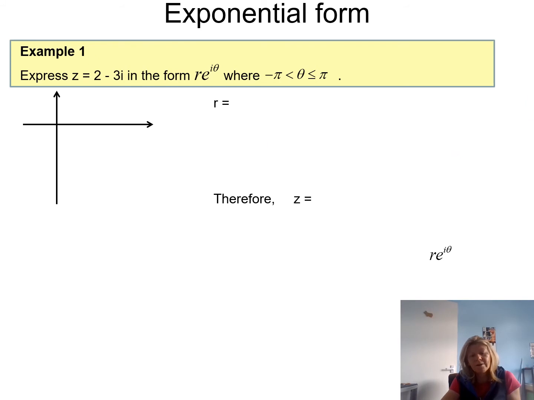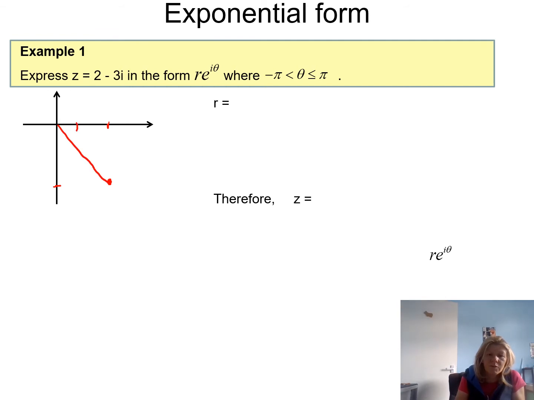So express this in not polar form, in exponential form. Okie doke. So you could draw out the thing we've got here, 2 along, 3 down, join them up.